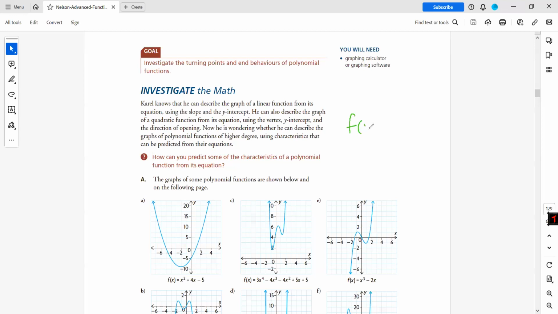And it can be written as f of x equals a_n x to the power n plus a_(n-1) times x to the power n minus 1, and all the way up to the final term in this sequence, where it's a_0 and x to the power 0, so it turns into 1. So this is a general notation for polynomial function.